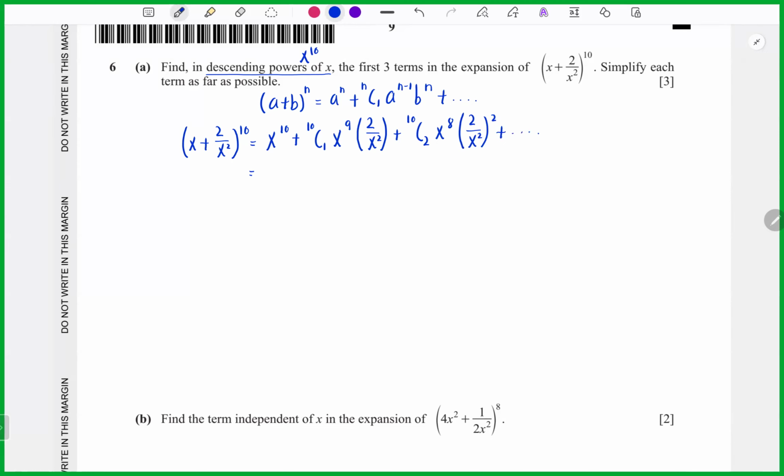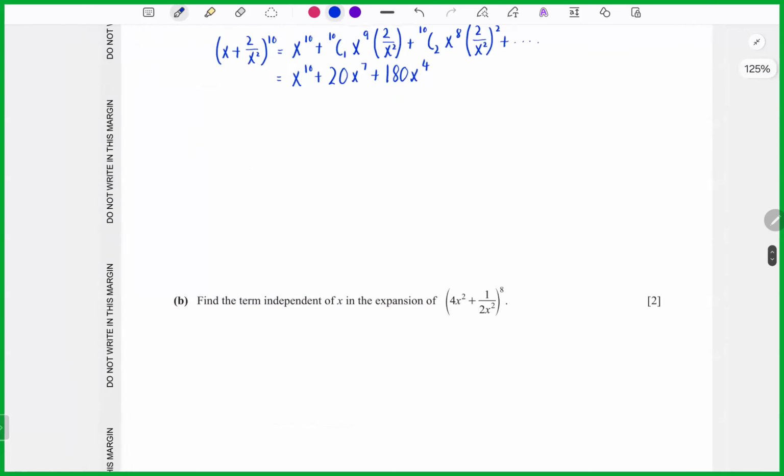So you can write x power 10 plus 10C1 multiply 2, so you will get 20x power 7 plus, okay, the square, you will get 180 x power 4. So x power 4 here.